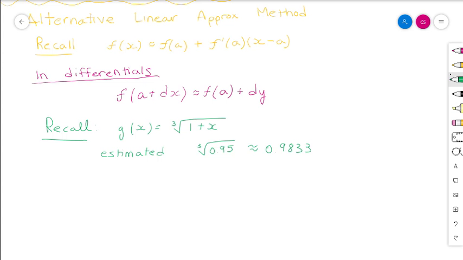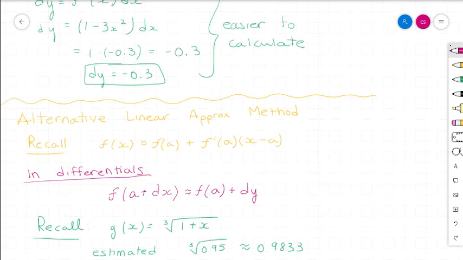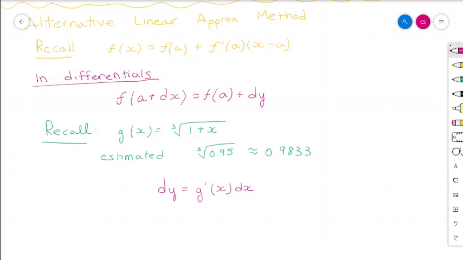Okay, so now we're going to use differentials. And we know that dy is equal to g prime of x dx. That's what we were just practicing up here, finding dy. So if we have dy, then we can use this formula. That's where we're going with this.